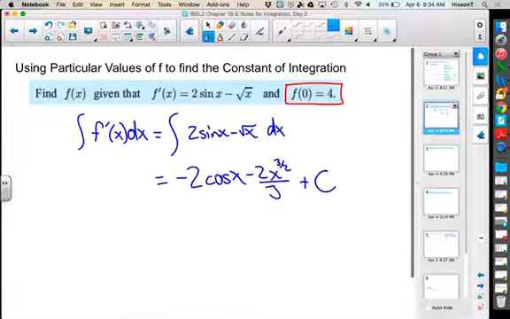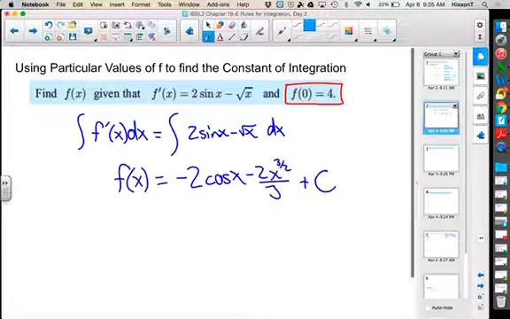Now, that equals our original function. However, we need to figure out what c is. So here's where the point that we have comes into play.